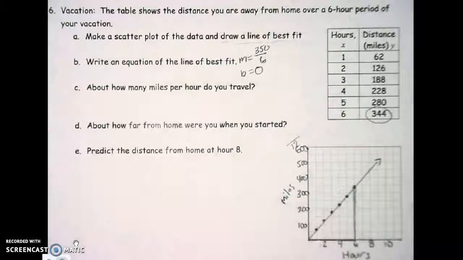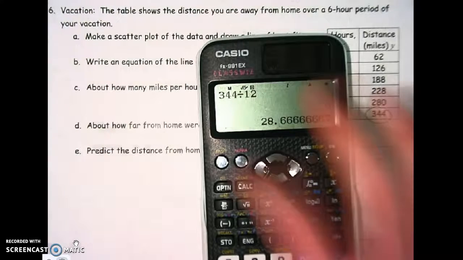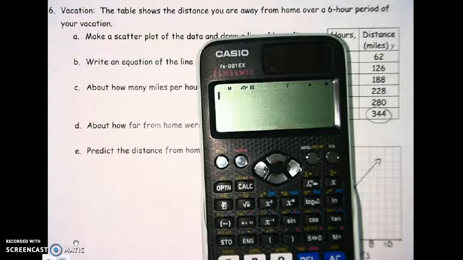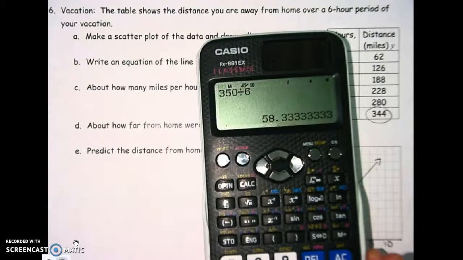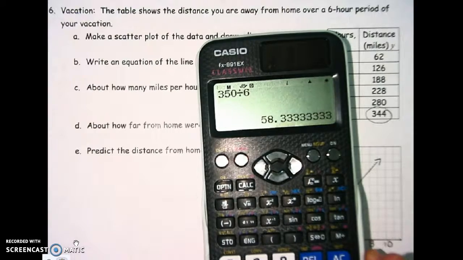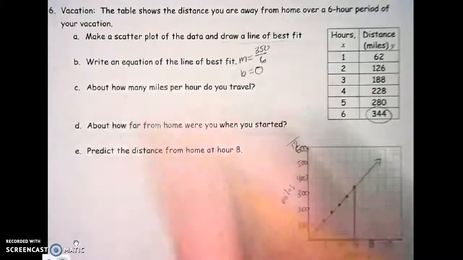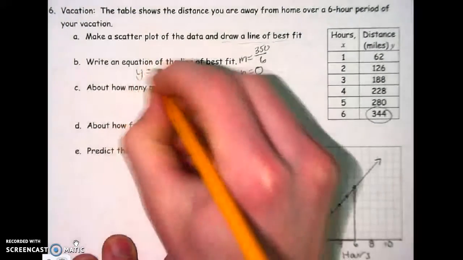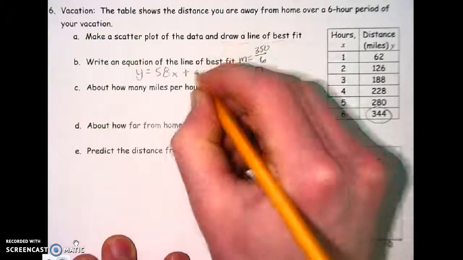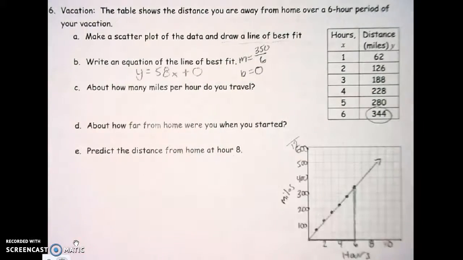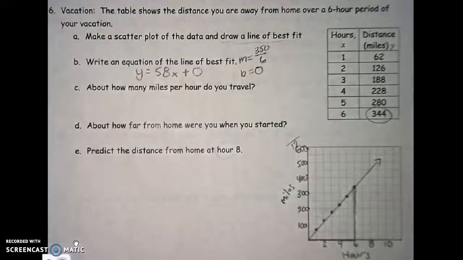It'll be close enough. Let's divide that and see what we get. So 350 divided by 6. I'm going to call it 58. That'll be good enough. So my equation will be y equals 58x plus 0. So there's my equation for the line.